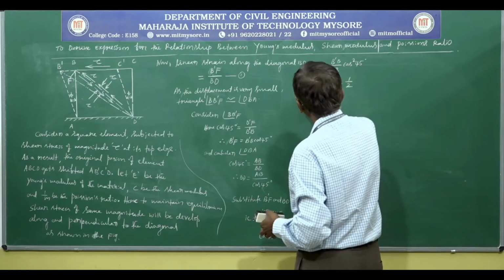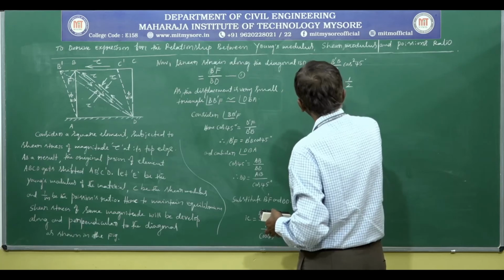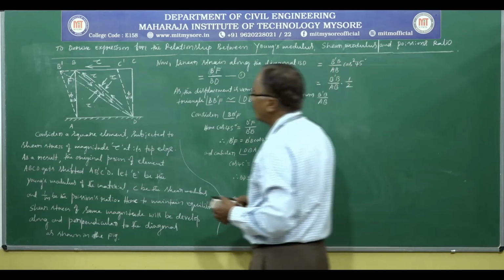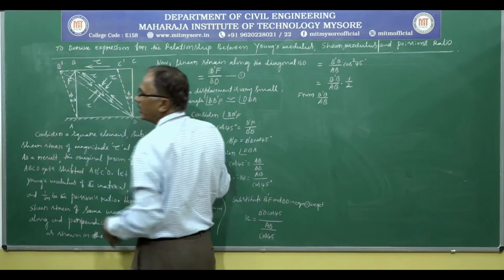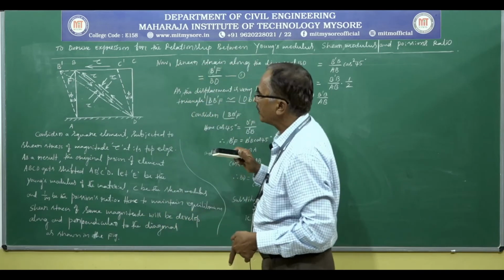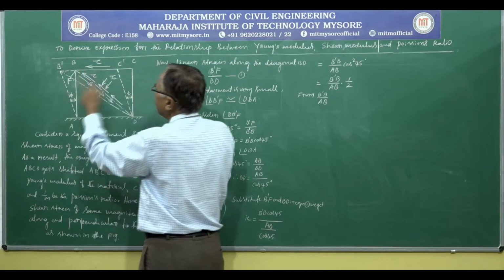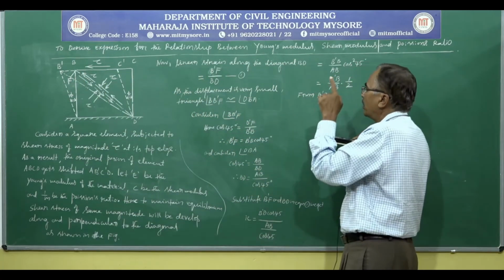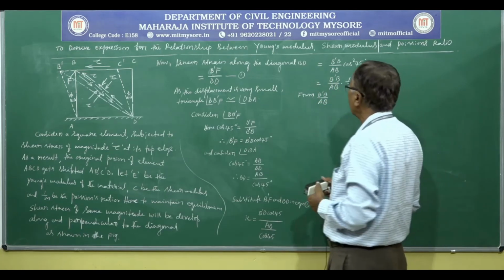Next, from the figure, B'B divided by AB, which we already defined, is the angular displacement. If you consider this triangle, tan phi is equal to B'B divided by AB, and as the displacement is very small, tan phi is approximately equal to phi, and that is the shear strain.